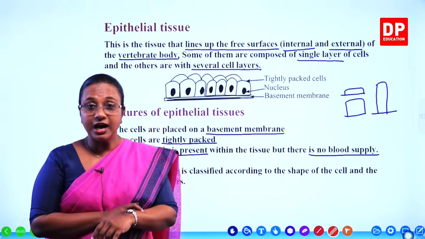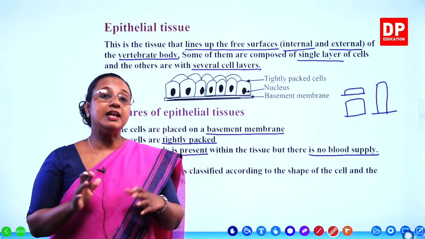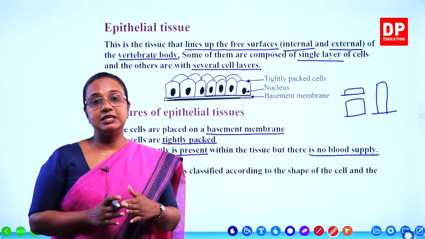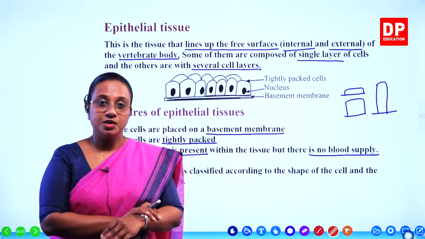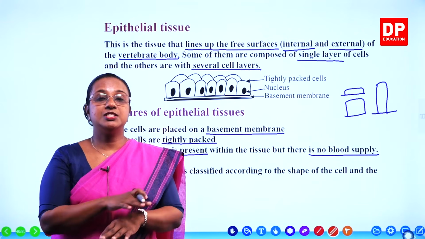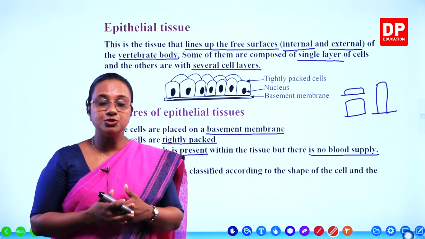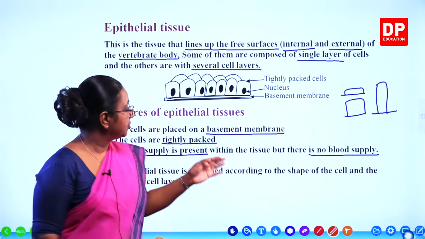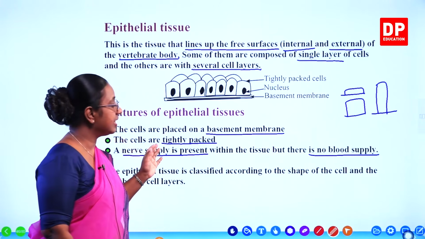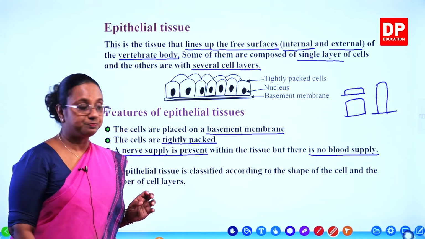But if you get a cut, if you get a wound, that is not only the epithelial tissue, but it is the muscles as well. So the outermost layer, which is made up of epithelial tissue, does not have blood supply. So these are the features that you have to remember.